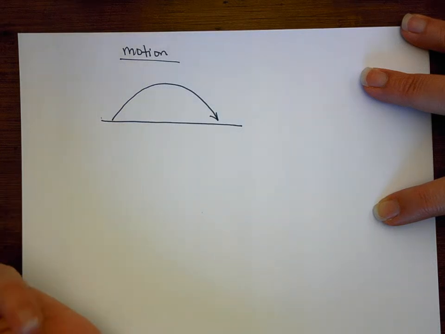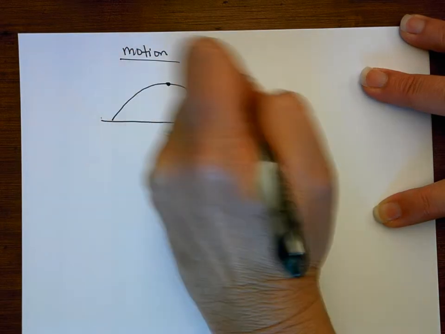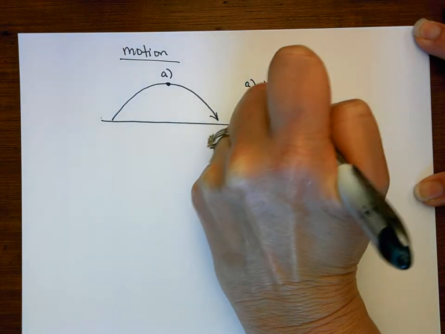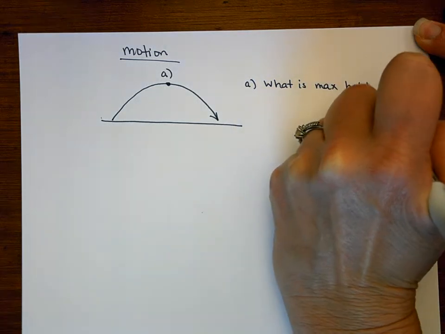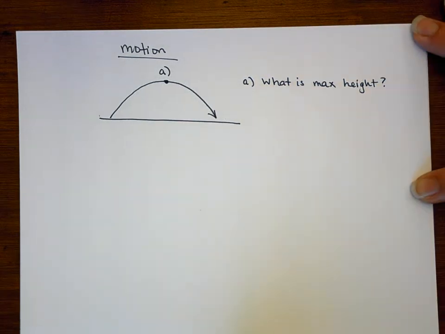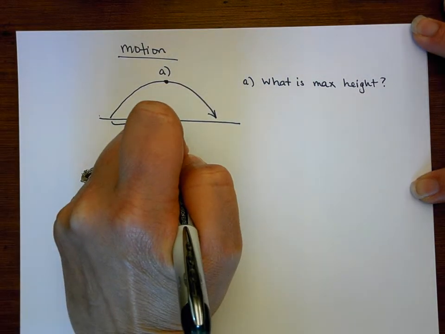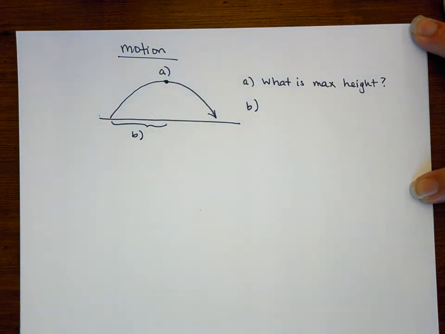Okay? So the questions that we're going to have to ask or answer are: how high, like what is its maximum height? Like those are the kinds of questions we're going to have to know. So we're going to have to know what is the maximum height. And we're going to have to know when did it get to the maximum height?